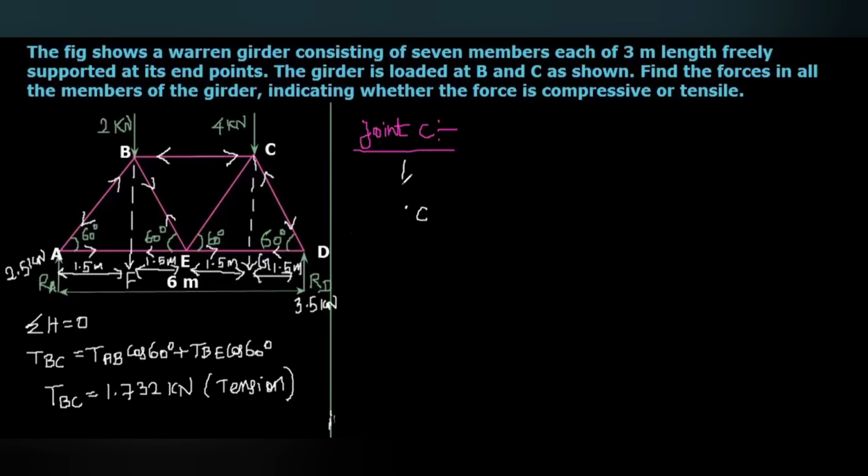First thing, this point load, 4 kilonewton, is acting. The tension in the member BC, that is the horizontal force, is acting towards the left side, inwards to C. The force in the member CD is acting like this.